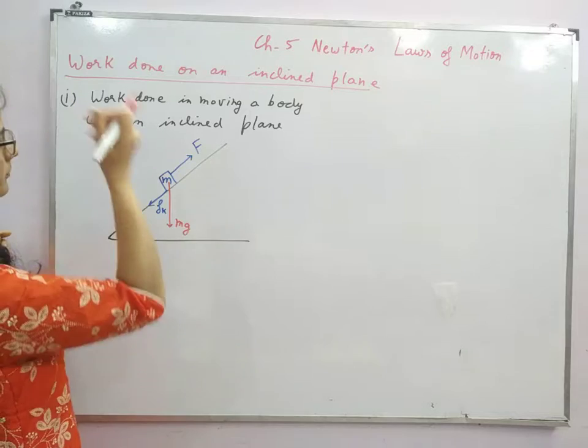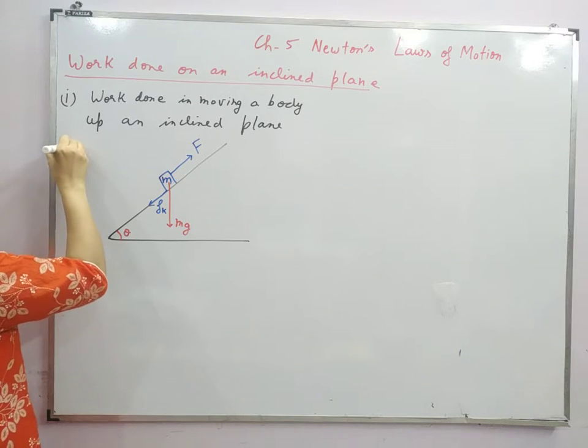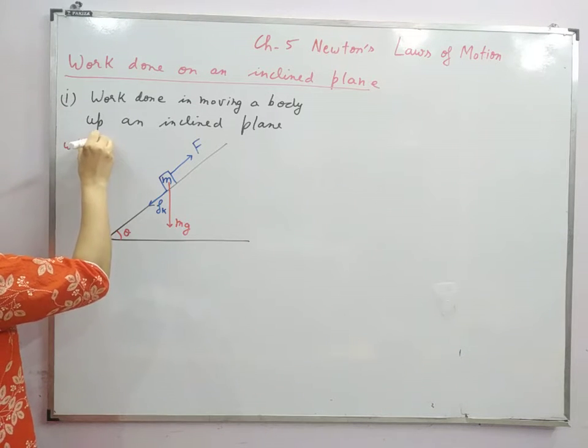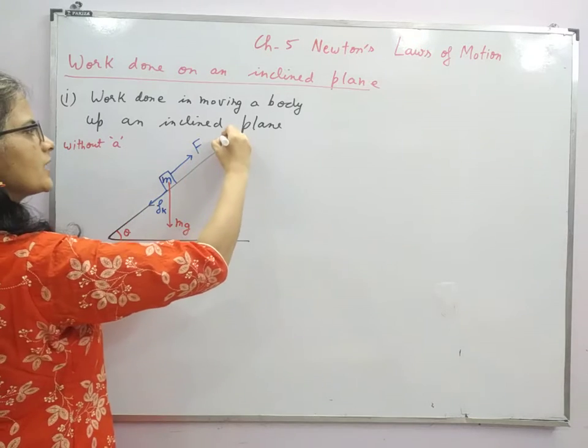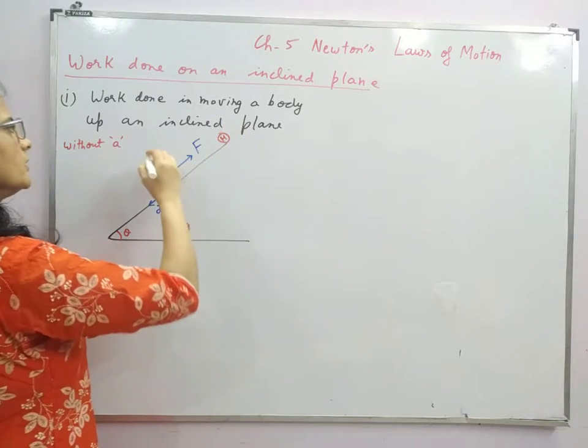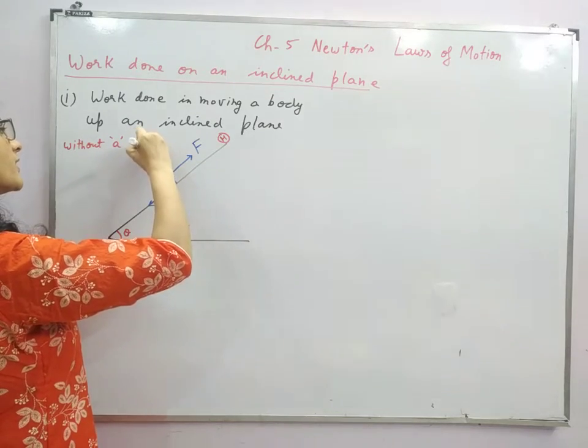In this case, we are considering that the motion is without acceleration. So what does that mean? That means the forces on this side are equal to the forces on the opposite side, right? Since the motion is on the inclined plane, we consider this as our horizontal and this direction as our vertical direction.